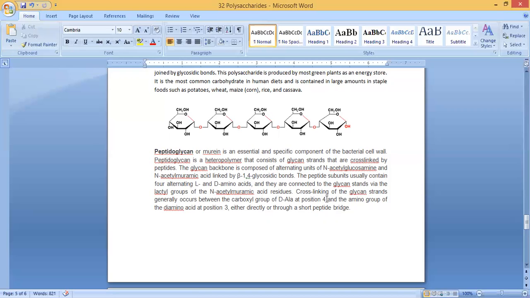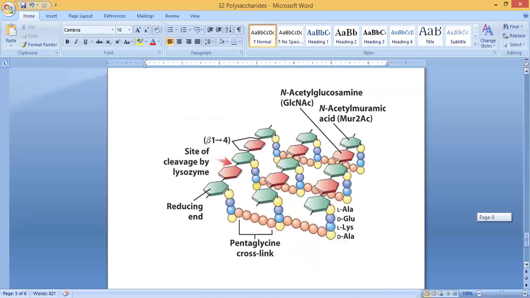Cross-linking of the glycan strands generally occurs between the carboxyl group of D-alanine at position 4 and the amino group of the diamino acid at position 3, either directly or through a short peptide bridge. So this is the structure of the peptidoglycan.